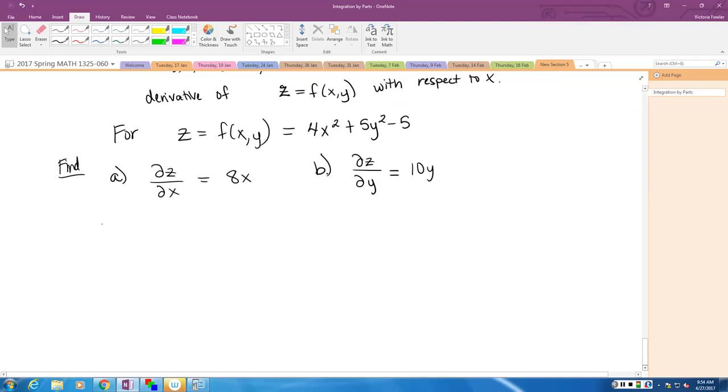But this gets more tricky, as you can imagine. But it's not a bad concept because you've spent nearly the whole semester finding derivatives. Okay, let's look at the function f of x, y. It's 7x squared y plus 3x to the 4th y to the 6th minus 6y plus 5x plus 4.